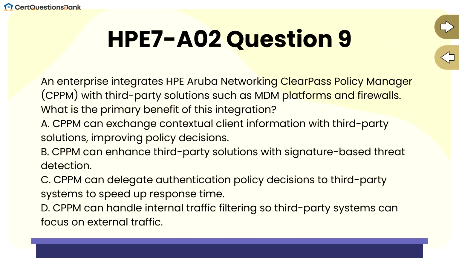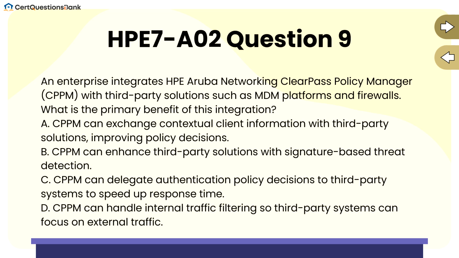An enterprise integrates HPE Aruba Networking ClearPass Policy Manager, CPPM, with third-party solutions such as MDM platforms and firewalls. What is the primary benefit of this integration? A. CPPM can exchange contextual client information with third-party solutions, improving policy decisions.